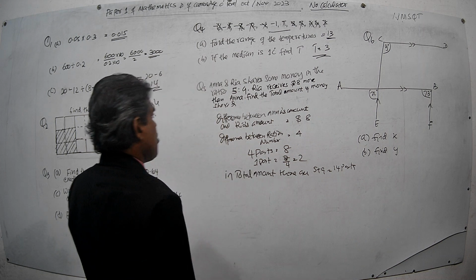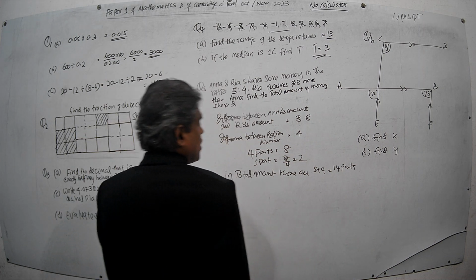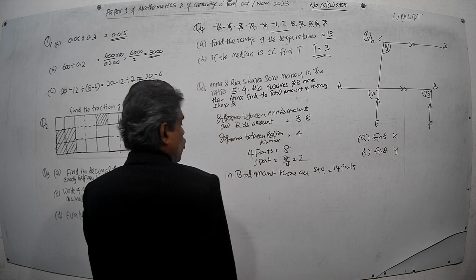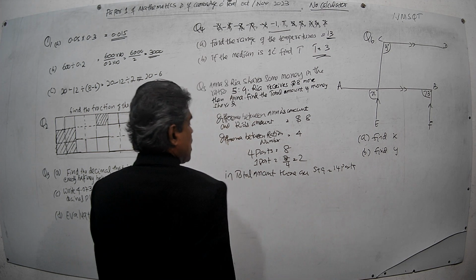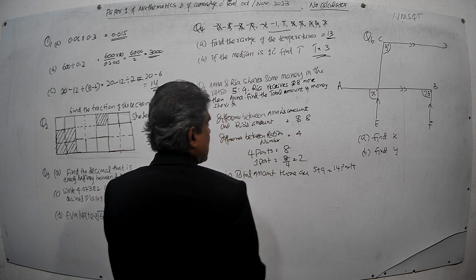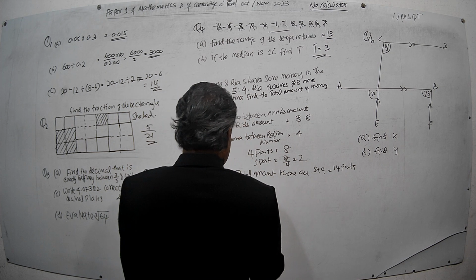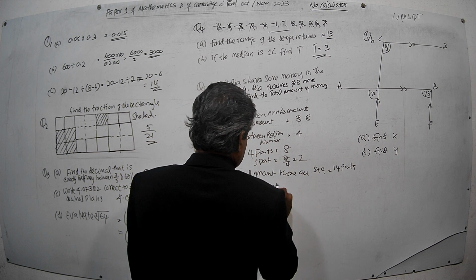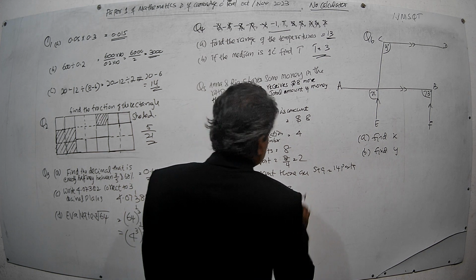We are asked to find the total amount that was shared between Nona and Ria. In the total amount there are 14 parts. We have found the value of one part. Then the total amount will be how much?